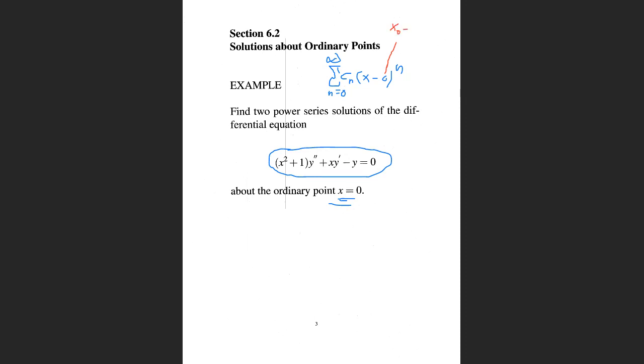And I think for pretty much all the problems in section 6.2, where you have to find power series solutions, they have the ordinary point x sub 0 equals 0, because it's just easier to work through the power series. Then this is just going to be x to the nth power.